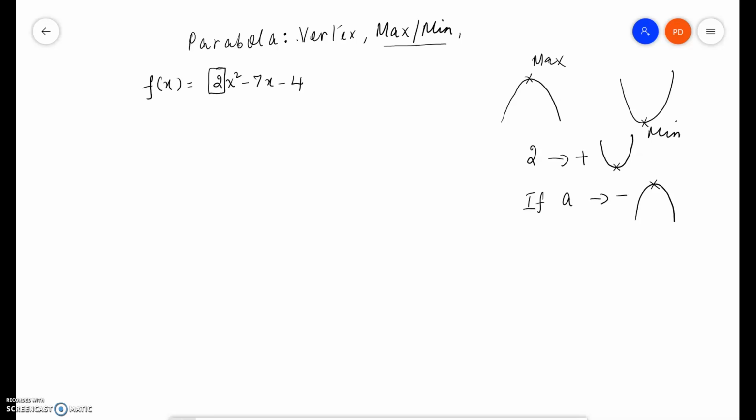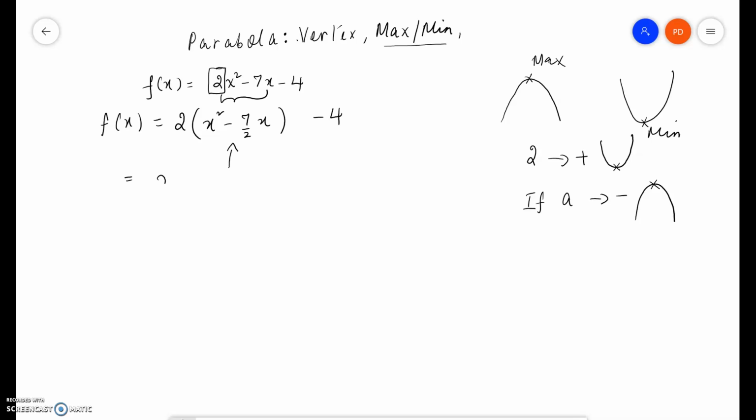So let's complete squares. So f of x equals, and what we're going to do is factor out a 2 from the first two terms. So factor the 2 out, so you get x squared minus 7 over 2 x minus 4. So we are going to complete squares inside the parentheses.